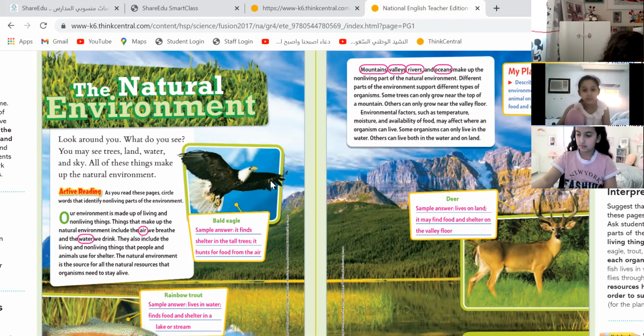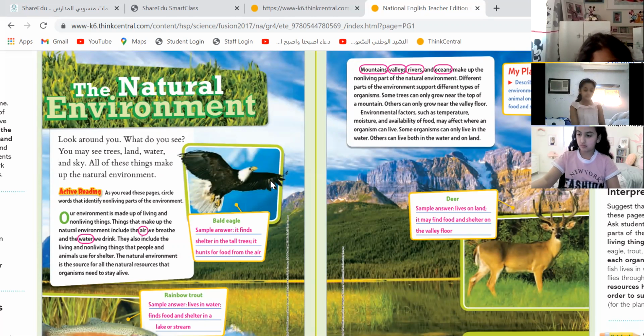Everything you see in nature, we call it natural. It includes the environment, so it's the natural environment, okay? Our environment is made up of living and non-living things. And things that make up the natural environment include what? The air we breathe, the water we drink.